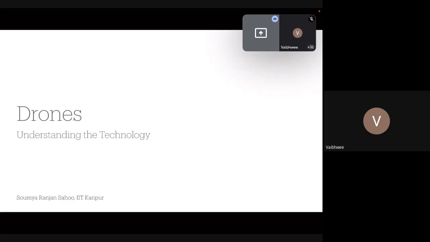Finally, I'll not be discussing codes and all, but give you some iterations or architectures that people usually follow to create these drones and make them fly. The whole idea is about understanding the technology that has been there, and of course towards the end we'll discuss what advancements have actually gone into these drones.